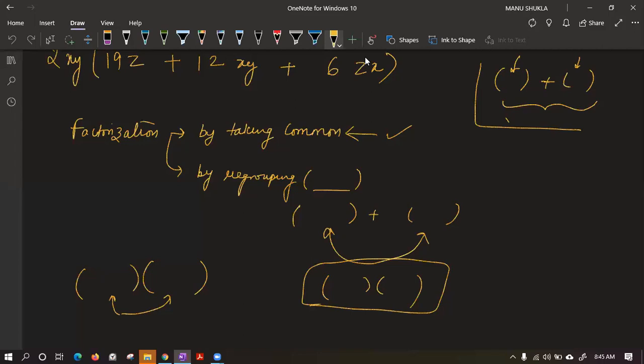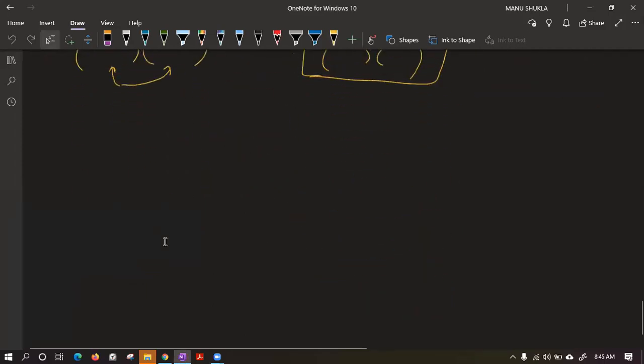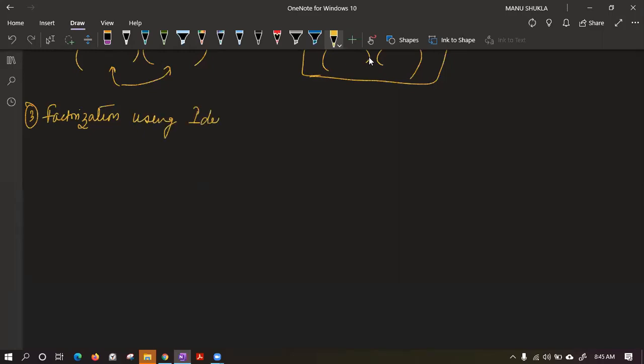Okay, let us see the next topic. The third way, factorization using identities. You are all requested to complete magical maths till this chapter. Whatever we have done, try to solve the chapters related to them.